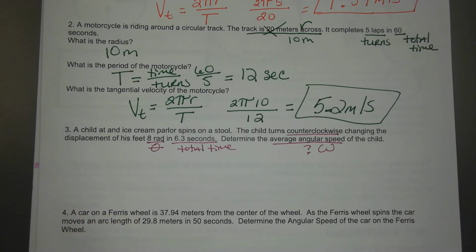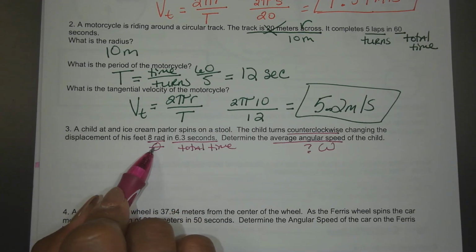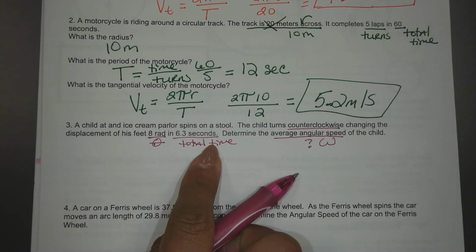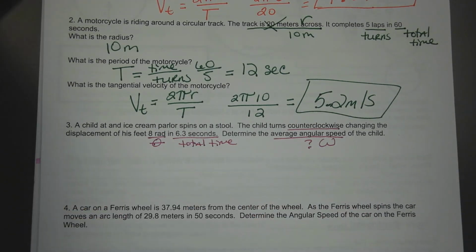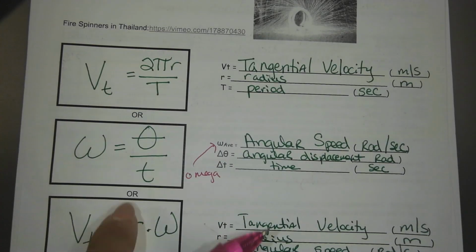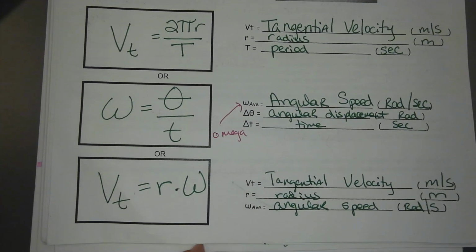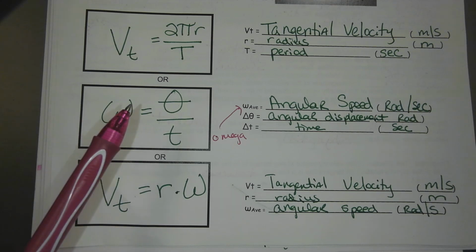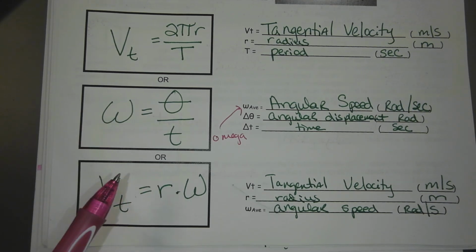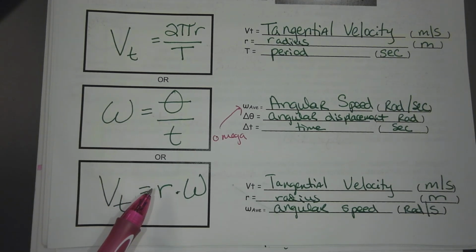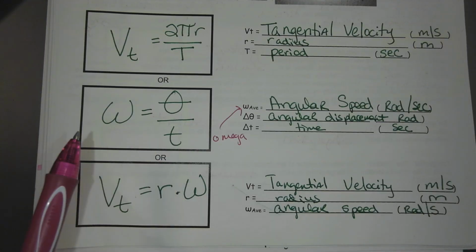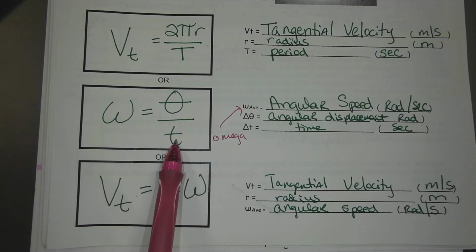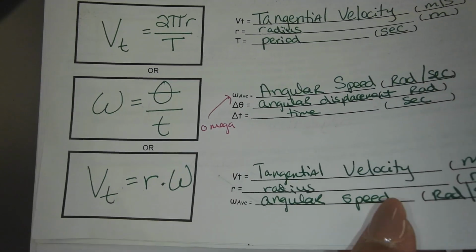Now let's see. I've got a theta, I've got the total time, not period, and I'm looking for an omega. There are 3 equations we can use. This one actually has nothing to do with an omega. This one and this one does. This one has tangent velocity and radius, which we do not have. This one has angular displacement and total time, which is what we do have.